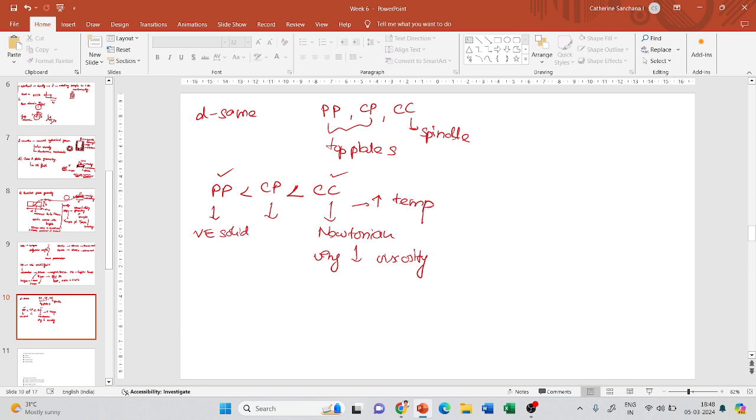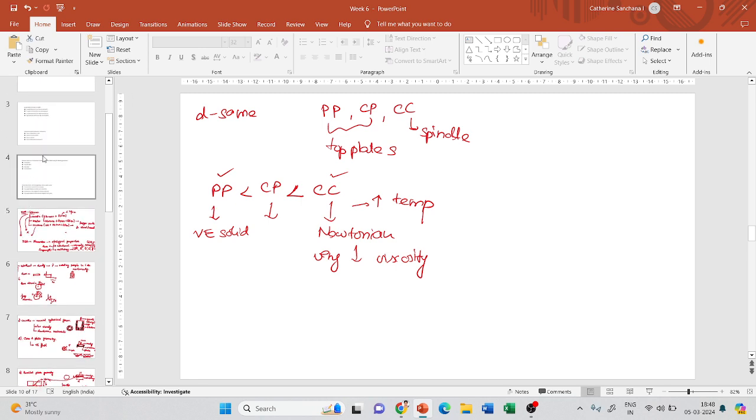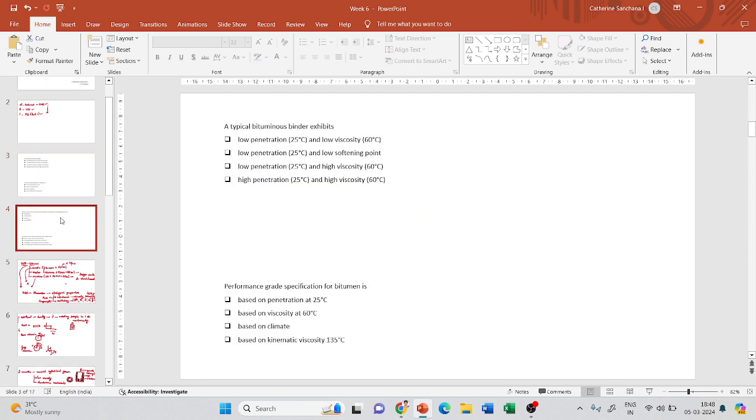That is how you can make use of all three geometries for bitumen, because the viscosity of bitumen keeps varying with temperature. So this is the ranking of the surface area in contact with the movable portion of these three geometries. Now let's go back to the question.